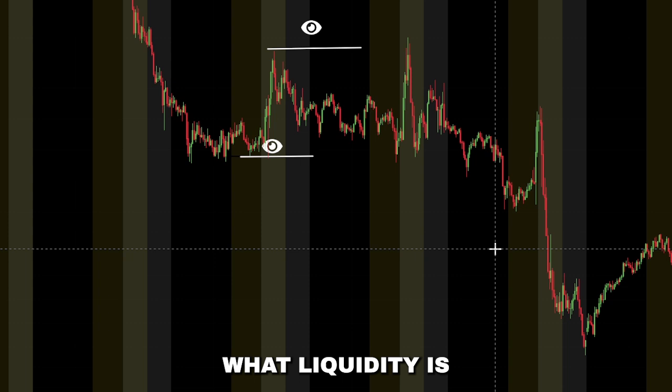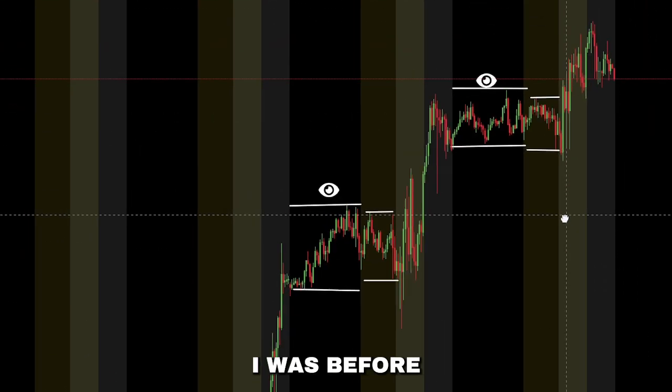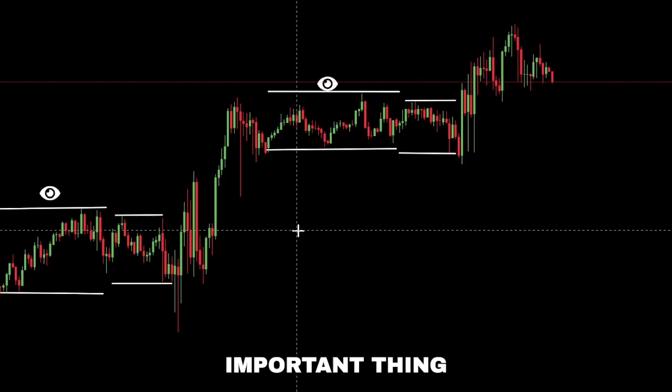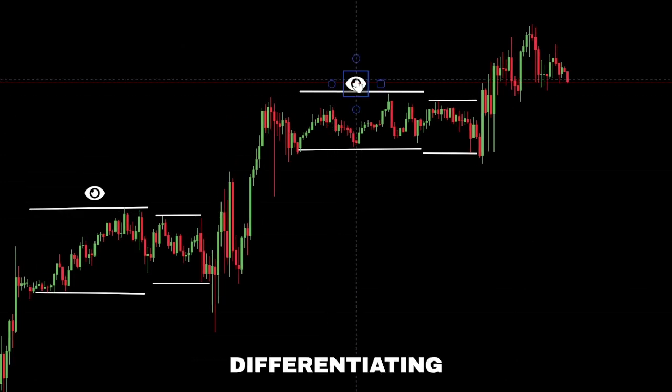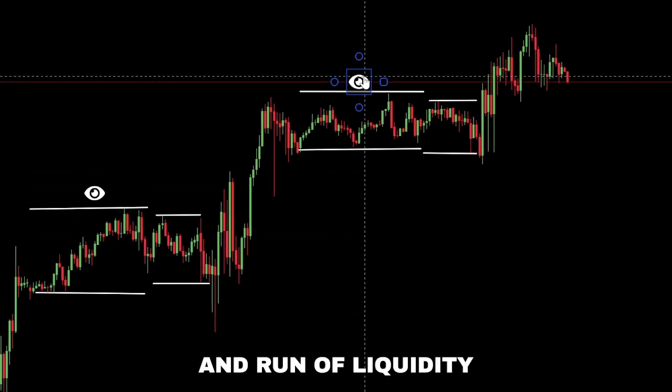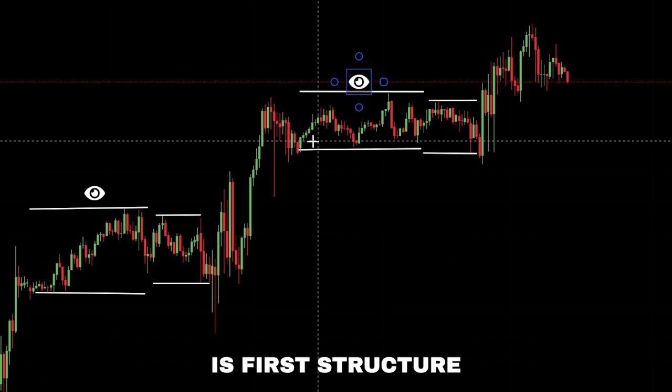Now that we know what liquidity is, where liquidity is resting, and the different types of liquidity that exist, we can go over the differences between a liquidity sweep and a run of liquidity. All right, let me go back to where I was before. The most important thing you can look at when differentiating between a liquidity sweep and a run of liquidity is first structure.